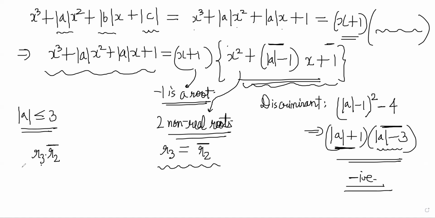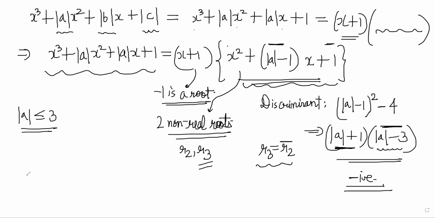Basically what I'm saying is that the roots are R2 and R3, where R3 itself is R2 conjugate. So the product of the roots will be R2 modulus whole square, basically R2 times R2 conjugate. The product of roots is coming out to be 1.